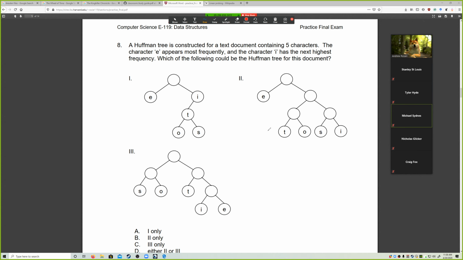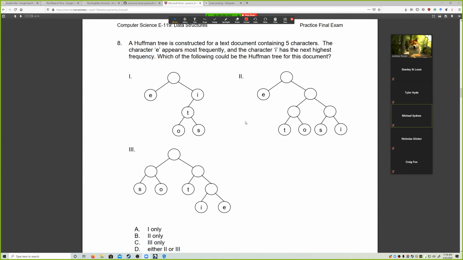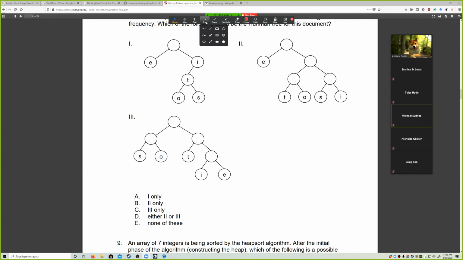Which of the following could be a Huffman tree for the document? I didn't have Huffman trees on the exam, and if something is going to be cut from the exam, it's going to be Huffman trees. Again, that is the one concession I might be making for this semester. As much as I like them.